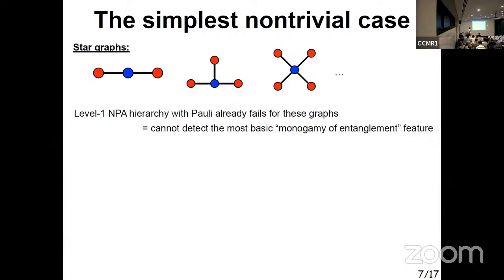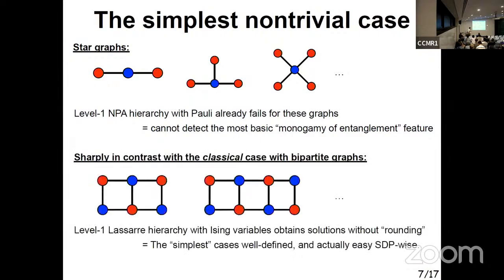In the quantum case, we can look into even simpler cases, which are the star graphs that we also talked about in the previous talk. The level 1 hierarchy for the quantum case with Paulis fails to obtain these energies as well, which is not immediately super bad per se, but it does contrast very sharply with the classical case. For the classical case, the case with bipartite graphs is not only trivial, it's also already exactly solvable using the SDP.